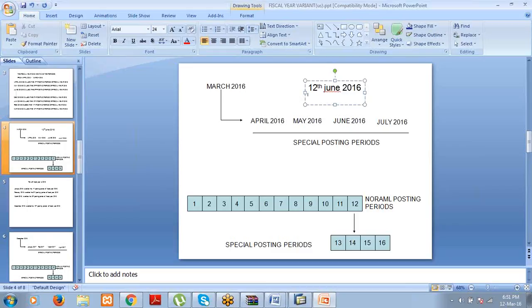In that case, how does the system understand whether the business transaction we are posting is relating to normal year, I mean relating to current year 2016 and 2017, or it is related to previous year as an adjustment? How does the system understand?